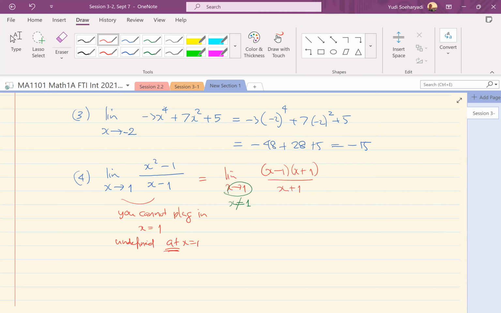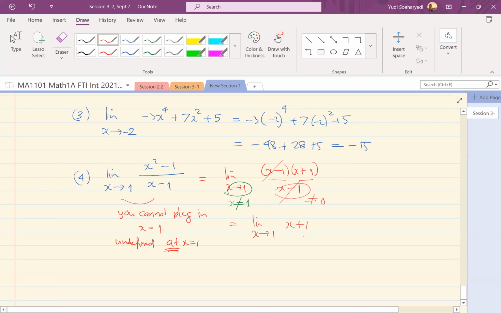So if you assume x does not equal 1, then this factor shouldn't be 0. Okay? So you can cancel. So you get limit x goes to 1 of x plus 1.